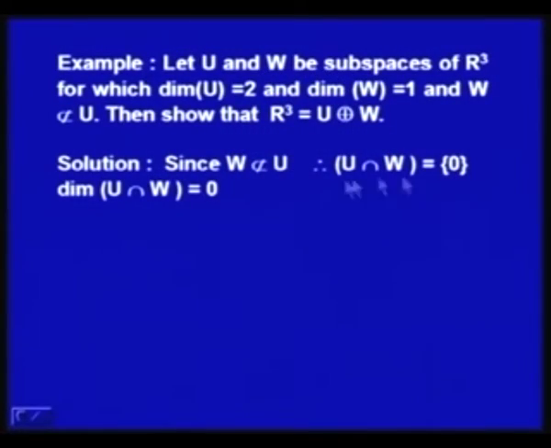So, U intersection W is this, and the dimension of U intersection W is 0.